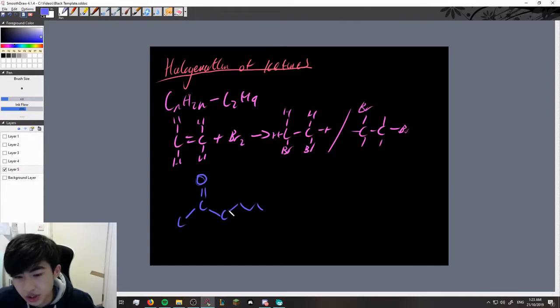Another way to denote it is through the letter R, if we aren't interested in what actually occurs on the side chain. We just want to know that there's a carbon side chain on both sides of our ketone, or one side if it's an aldehyde.